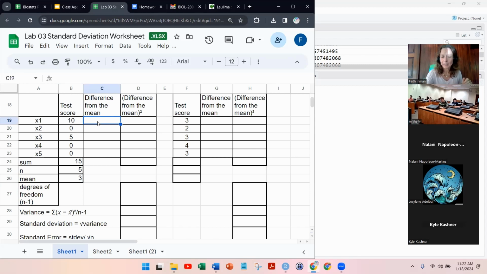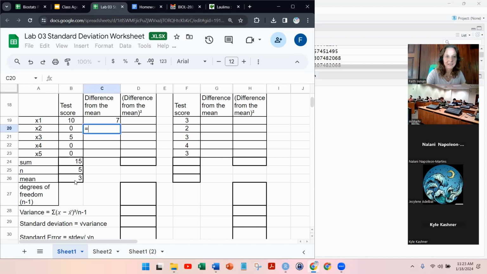Again, we've got 10 minus the mean of 3, right? Same mean. We're not finding differences in that central tendency. We're only finding differences in the variation at this point. Okay.